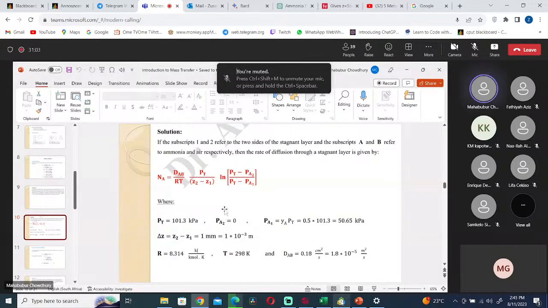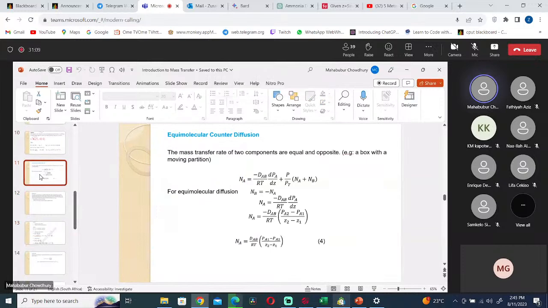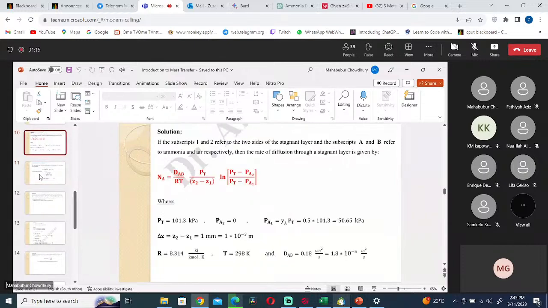Can you see my slides still? Guys? Yes, sir. Okay. Now, can we move on, or do you still want to calculate the molecular diffusion value first?